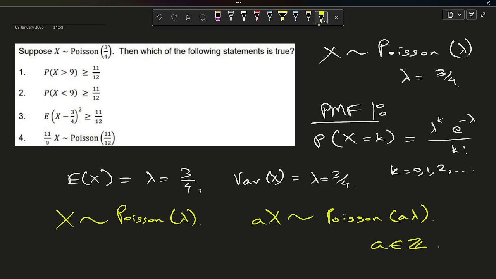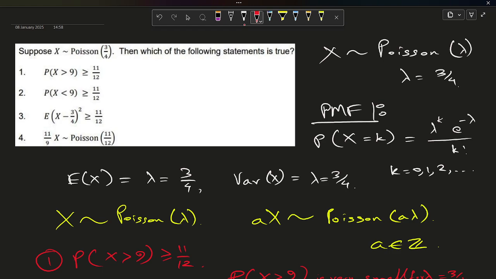Option 1 is telling us that probability of x greater than 9 is greater than or equal to 11 by 12. The probability of this, that means P of x greater than 9, is very small for lambda equals 3 by 4.